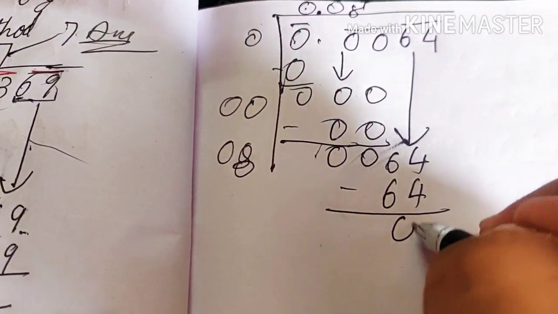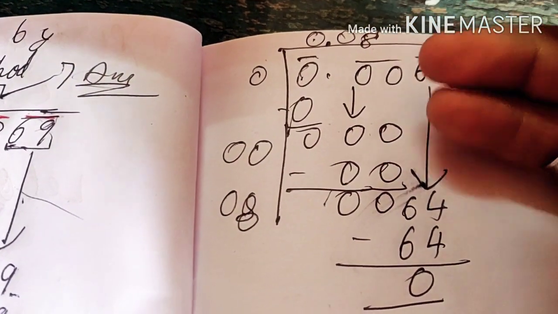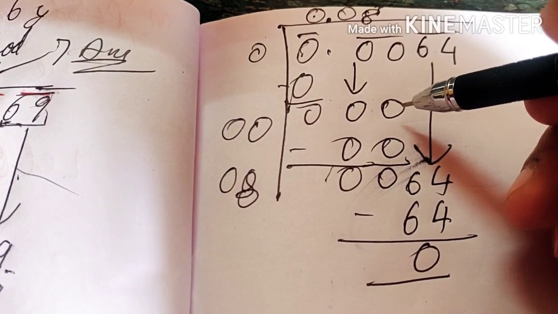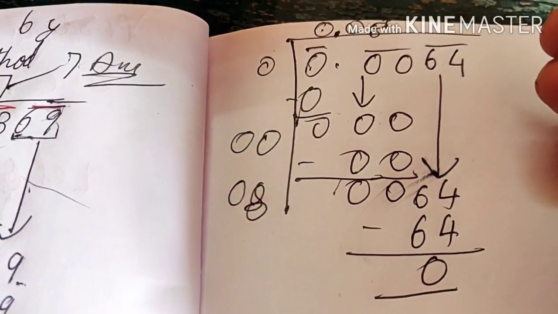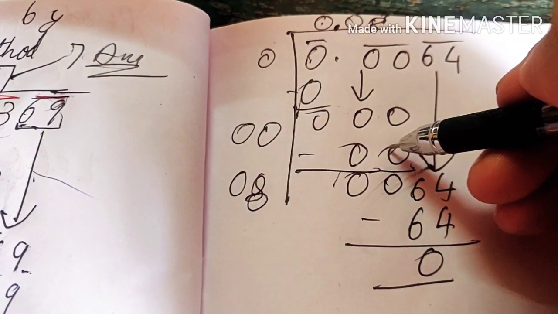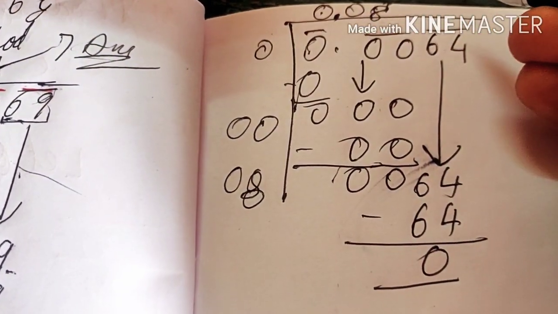So our remainder here is 0. So our answer will be this. After this we took this 00 down, so taking this down after a decimal, we will put a decimal here. So zeros are 0, then 64 down, 8 eights are 64. So this is our answer.